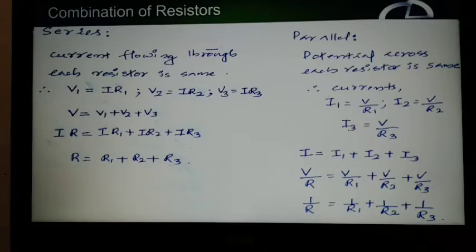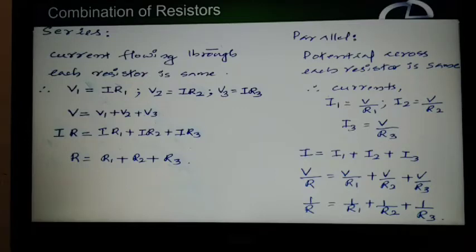Now you can recollect the sentence that I made when we were discussing the combination of capacitors. I already told you that for the series and parallel combinations of resistors and capacitors, the conditions will be interchanged.